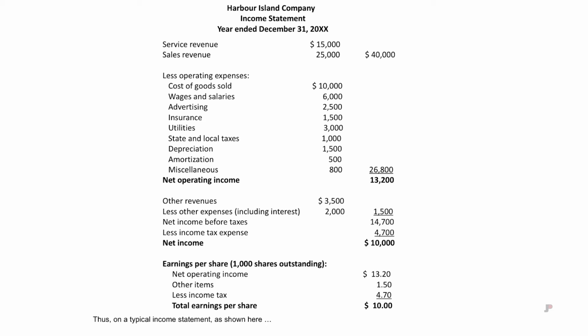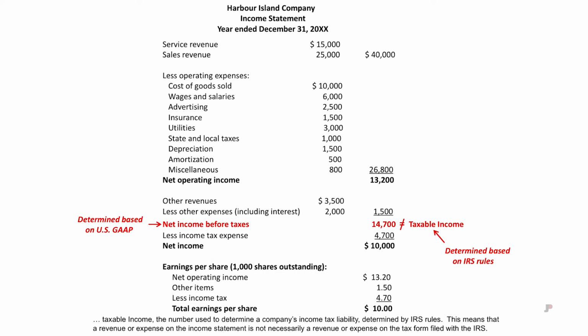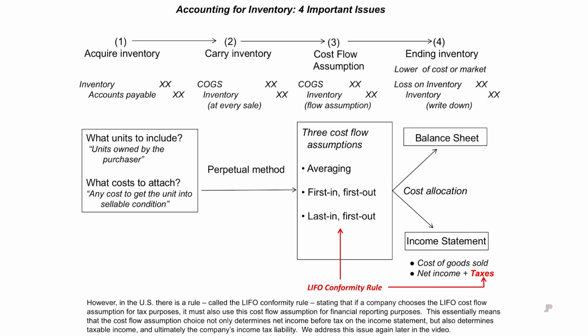Thus, on a typical income statement as shown here, net income before taxes, determined based on U.S. GAAP, does not always equal taxable income, the number used to determine a company's income tax liability determined by IRS rules. This means that a revenue or expense on the income statement is not necessarily a revenue or expense on the tax form filed with the IRS.